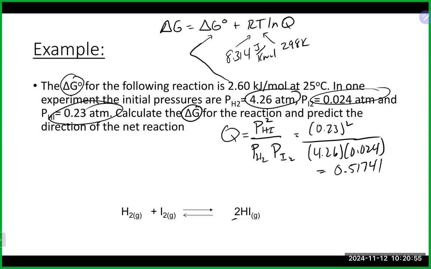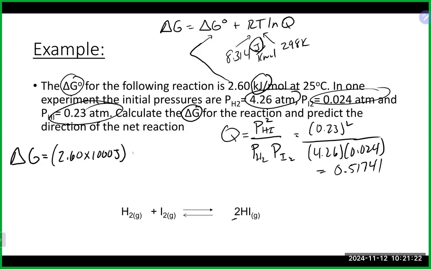We also need to watch the units, as this is kilojoules and this is joules. So we need to do some type of conversion. Otherwise, you're going to be off. Like normal, I'm just going to multiply by 1,000 and turn that into joules, so it'll match up well with my R value.